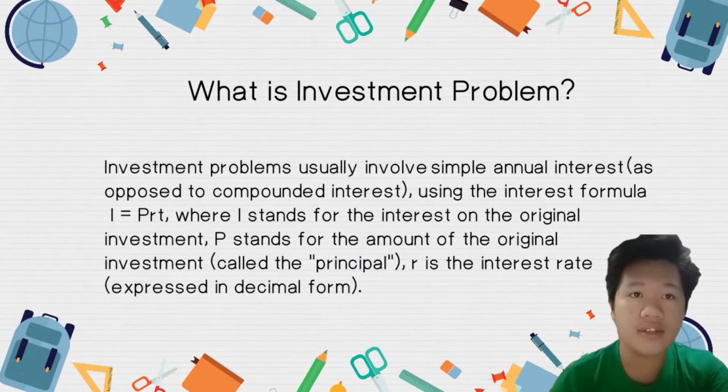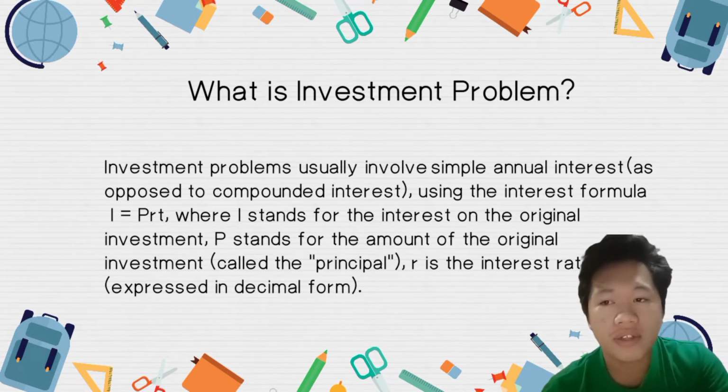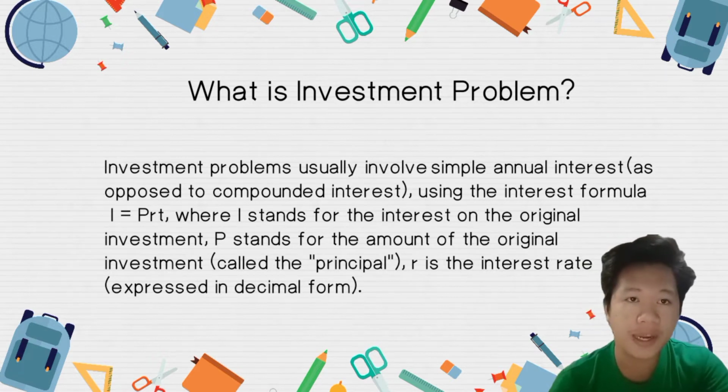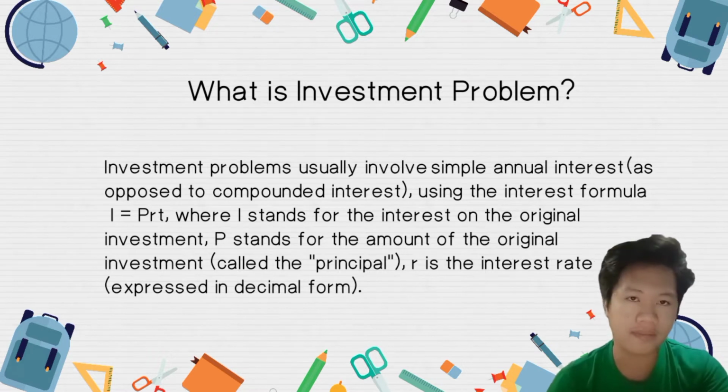What is investment problem? Investment problem usually involves simple annual interest using the interest formula I equals PRT, where I stands for the interest on the original investment, P stands for the amount of original investment, R stands for the investment interest rate, and T is the time. Here are the examples of investment problem.